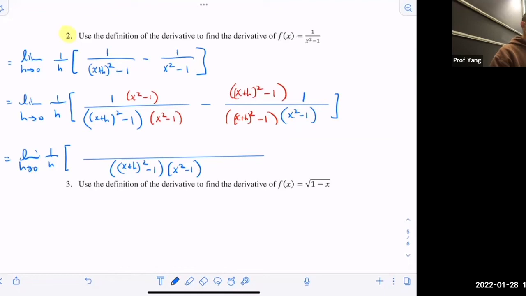And what do the numerators of each of these things look like? This looks like x squared minus 1 minus, and then I'm going to expand out this side right here. So this is going to be x squared plus 2xh plus h squared minus 1.